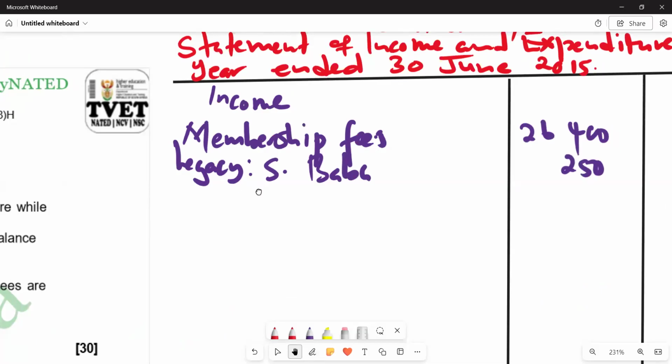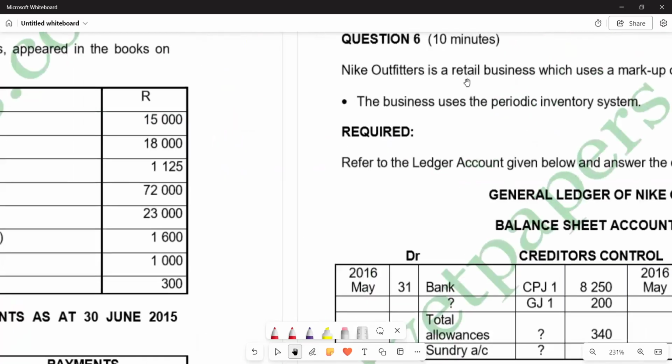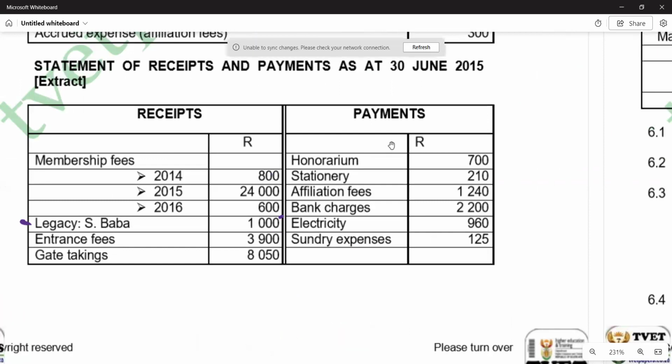Then we go again under the income in the receipts and payments to check another income that we can add. So after that, we've got entrance fees, and it's 3,900.